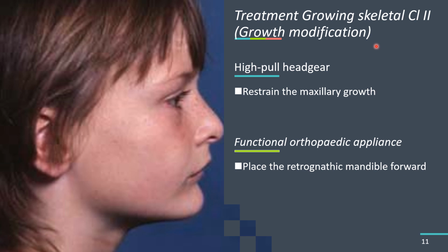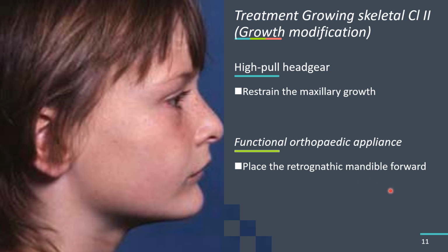The approaches used for growth modification include the high-pull headgear and the functional orthopaedic appliance. The high-pull headgear is used to restrain the maxillary growth. That means it is used in skeletal class 2 cases due to maxillary prognathism or maxillary excess, while the functional orthopaedic appliance is used to place the retrognathic mandible forward.